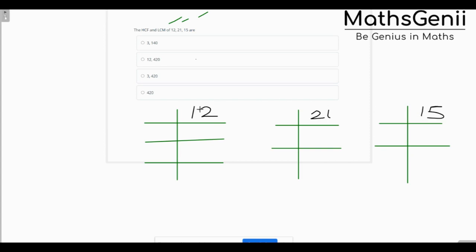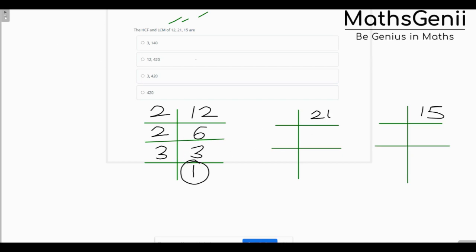Factorization is very simple. 12 comes in which table? Always start with 2. Does 12 come in the 2 table? Yes. 2 sixes are 12. 6 comes in the 2 table. 2 threes are 6. 3 comes in which table? Only the 3 table. You have to solve till you get 1. 3 ones are 3.